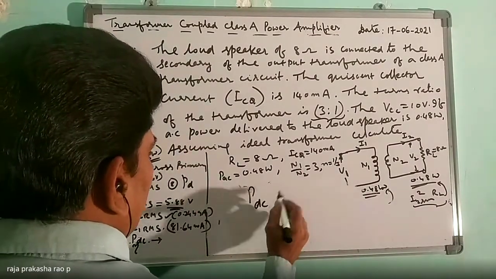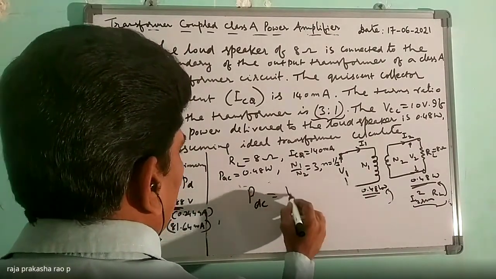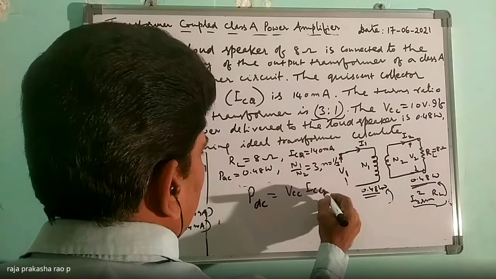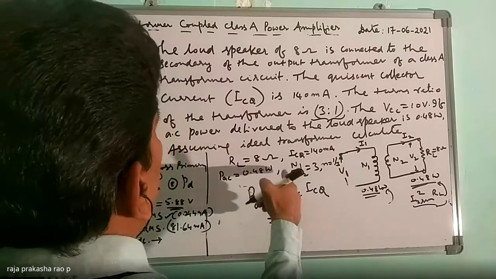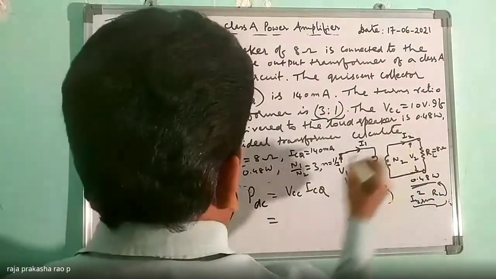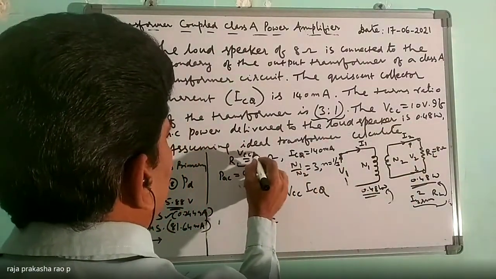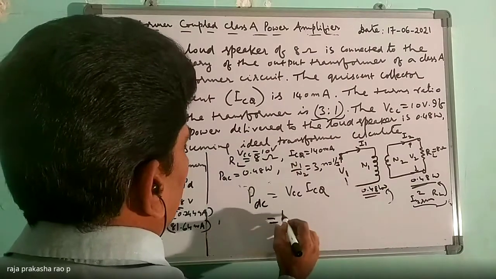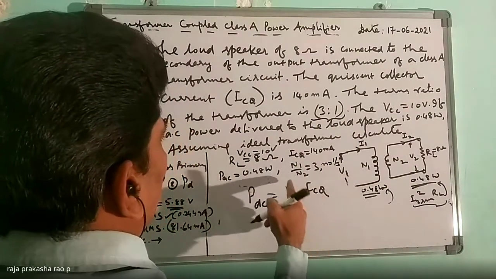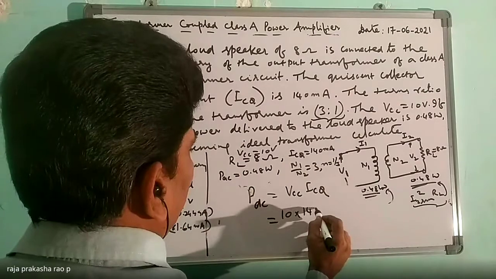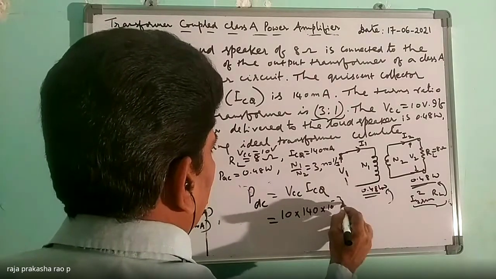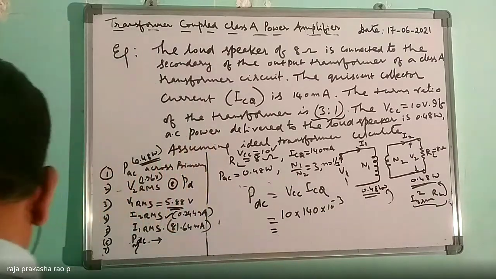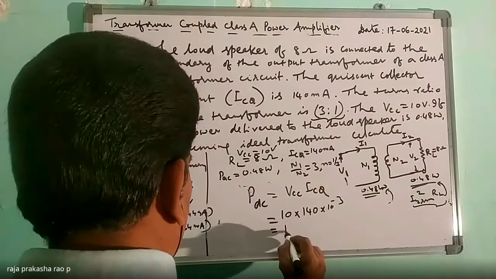PDC is equal to VCC into ICQ. VCC is already given, 10 volts. In the given data, you should write VCC is equal to 10 volts. So 10 into ICQ, which is 140 into 10 to the power minus 3. So input power is 1.4 watts.